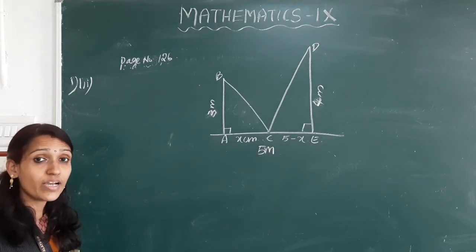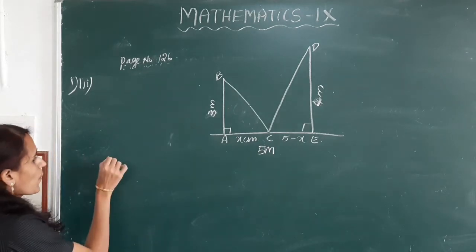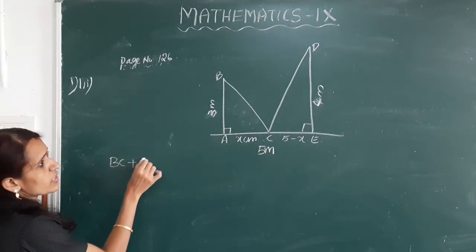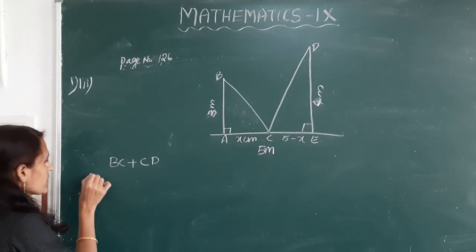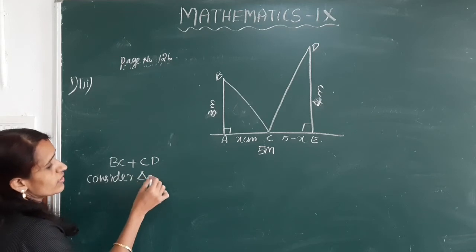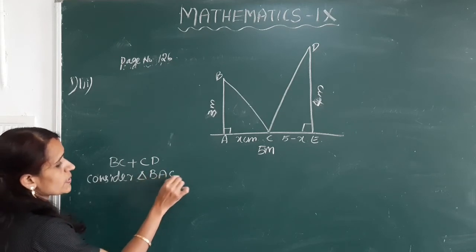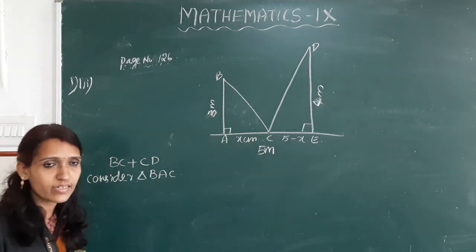Now we have to find the total length of the rope, that is BC plus CD. First consider triangle BAC. Here BAC is a right triangle.